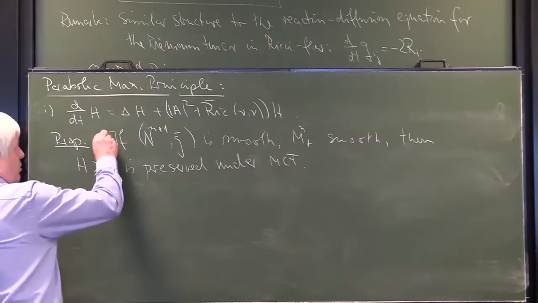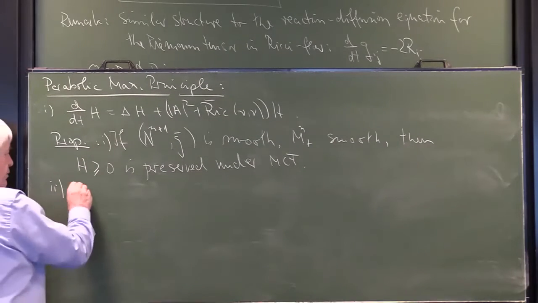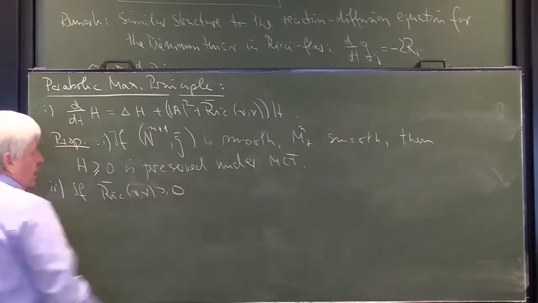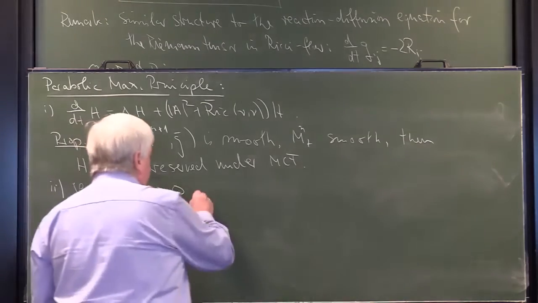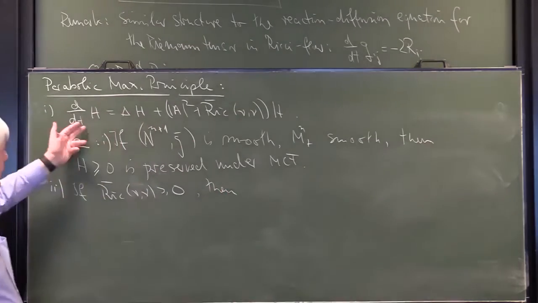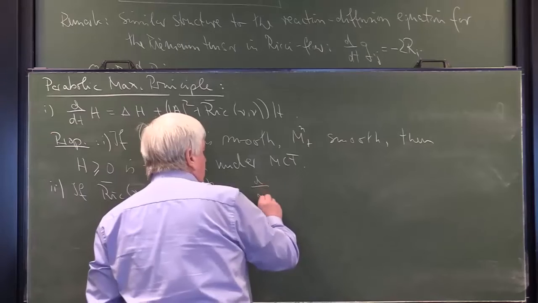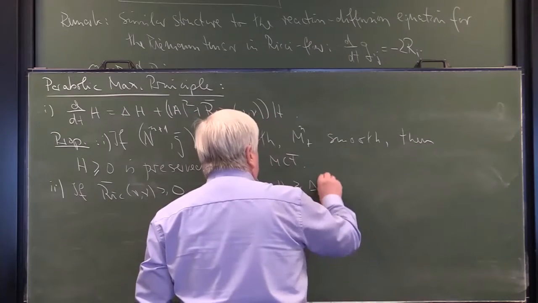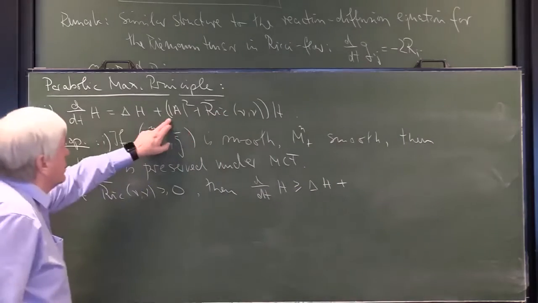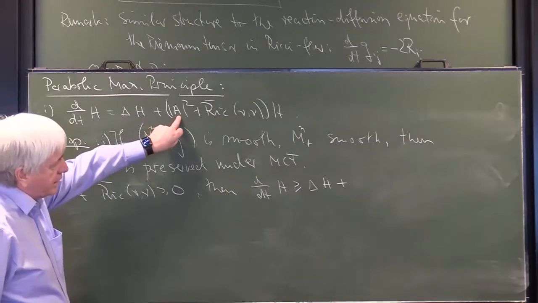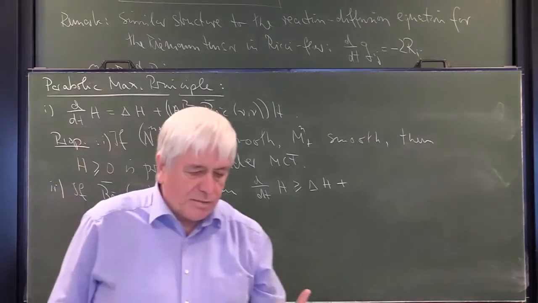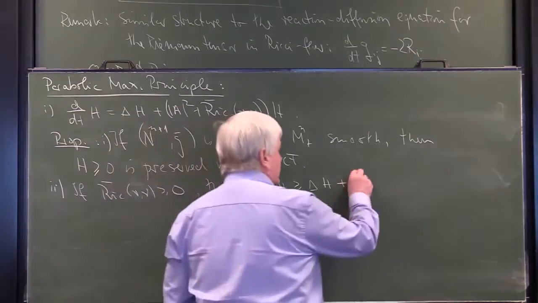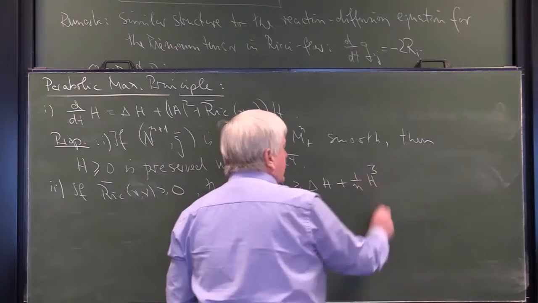So this is proposition 1, but the second part: if the Ricci curvature in the ambient manifold is greater than 0, then you just get from here that d/dt of H is greater or equal than Laplacian of H plus |A|^2 H, where |A|^2 is the square of the second fundamental form. The square of a matrix is always bigger than 1 over n times the trace squared. So we get that this is bigger than 1 over n times H cubed.